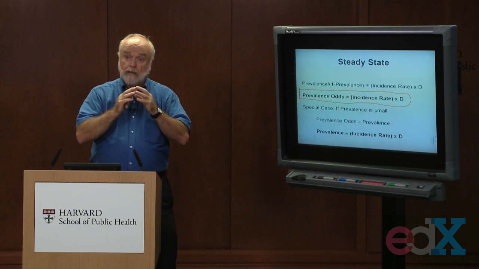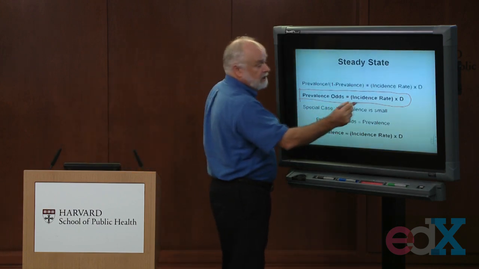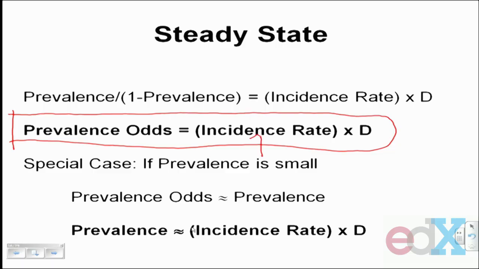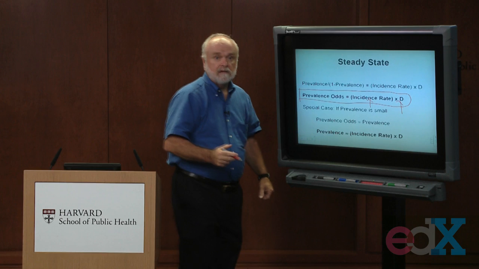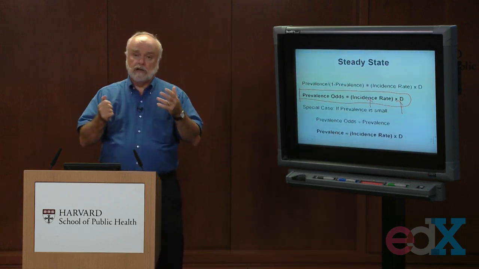High prevalence in a population can be caused by or attributed to either that population having a high incidence or having a long duration of disease. So this formula, prevalence odds equals incidence times duration, is a mathematical expression of the relationship between incidence, duration, and prevalence in this steady state.